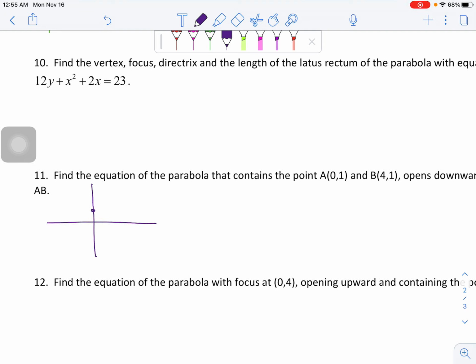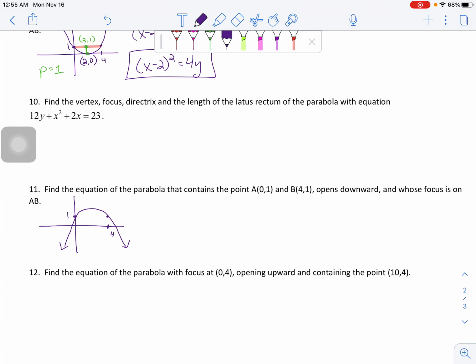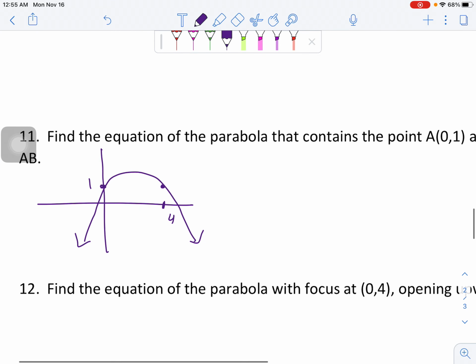All right, so let's see what we've got here. We've got 0, 1. We have 4, 1. All right, so that was going to be 4. That's 1. Okay, so we know this opens downward. All right, so something like that. Okay, and it did tell me the focus was on AB.